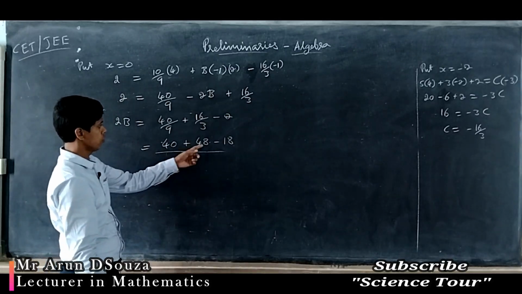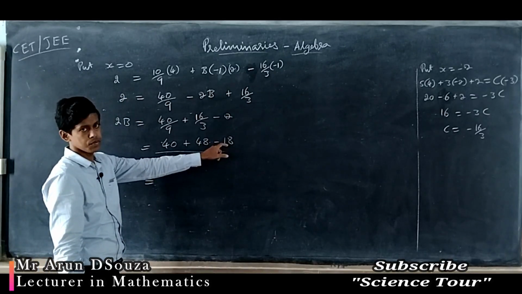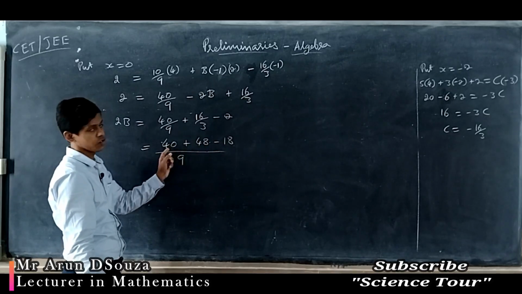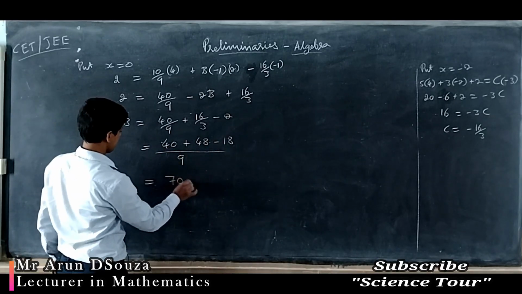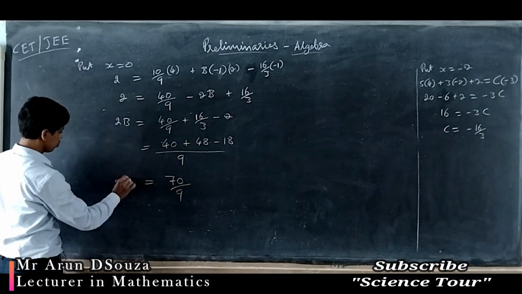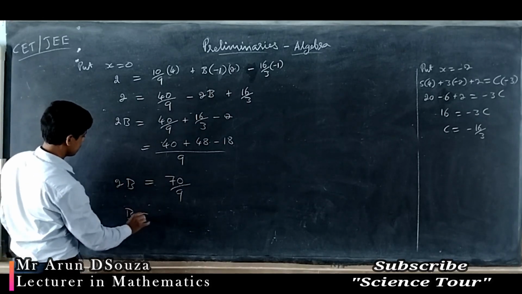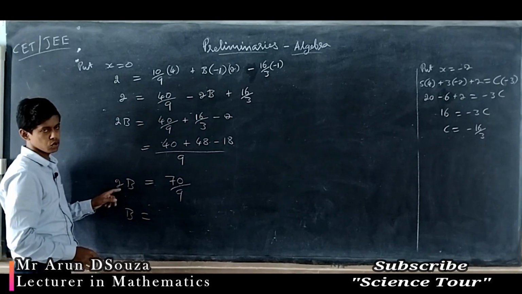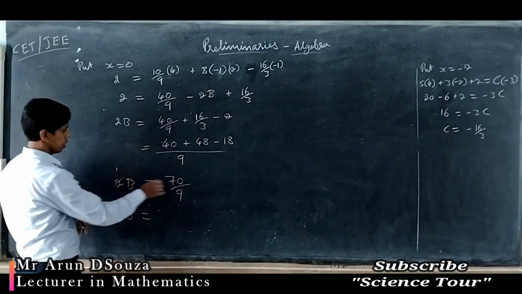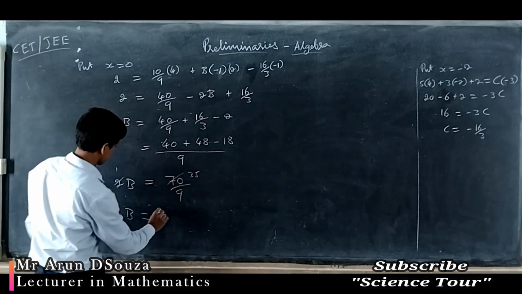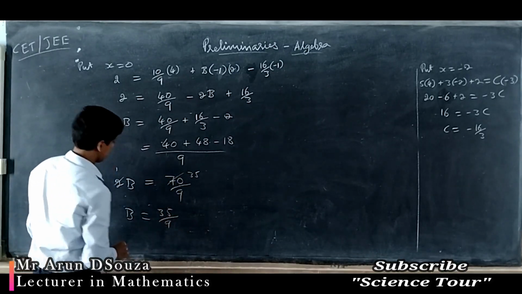So this is 48 minus 18, which is 30, 30 plus 40 is 70, 70 by 9, that's not the answer, that is 2b. So finally b is, see this 2, and this is 35, so that is 35 by 9.